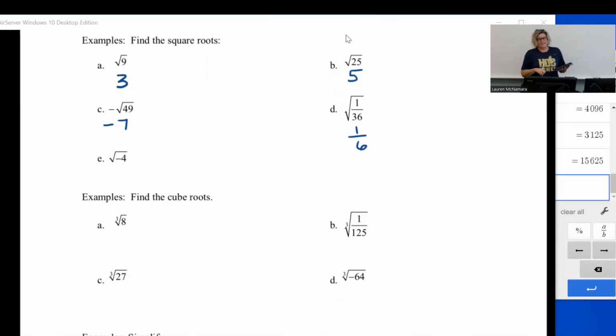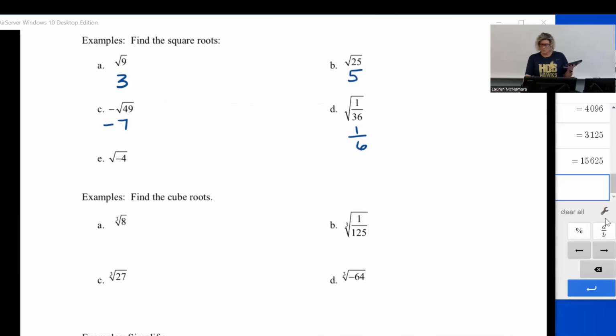Now let's look at E. E says what times itself 2 times is going to give me a negative 4. Well, 2 times 2 is positive 4. Negative 2 times negative 2 is still a positive 4. Now let's see what our calculator says too.